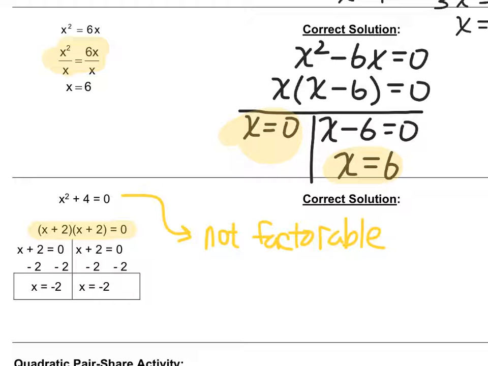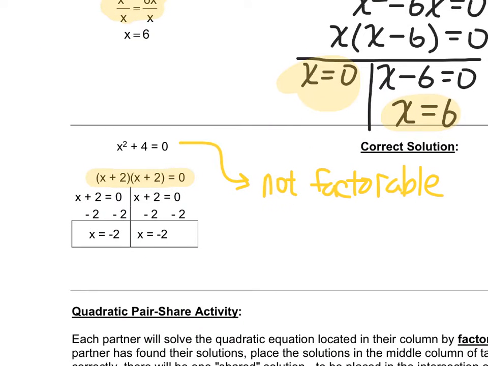The part where it's not factorable is not as important as what would happen if you tried to factor it. So I'll show you really quickly.